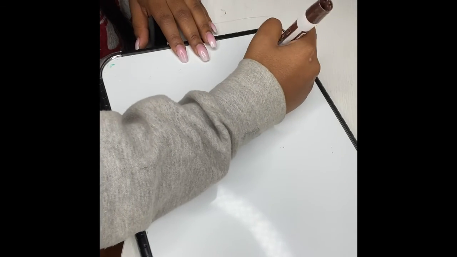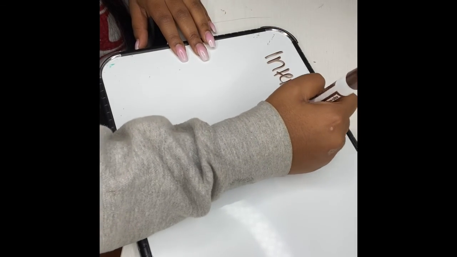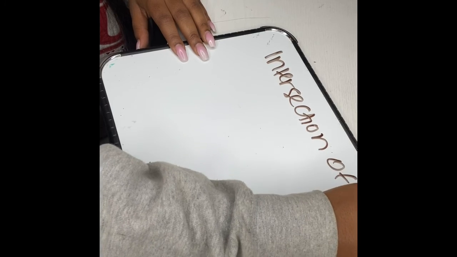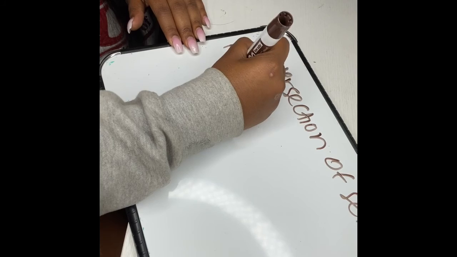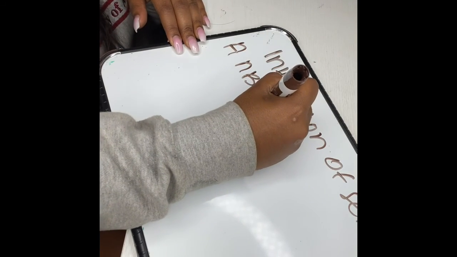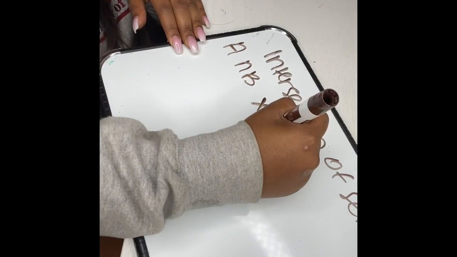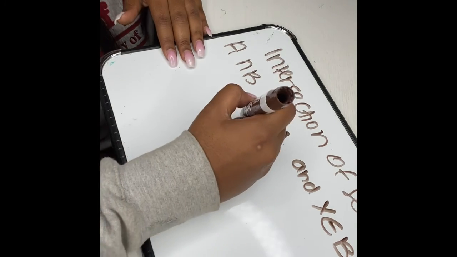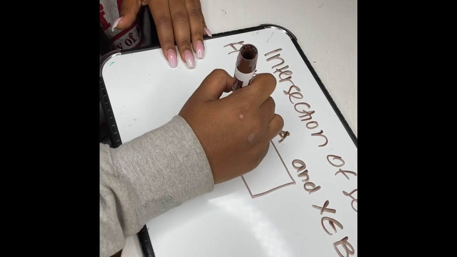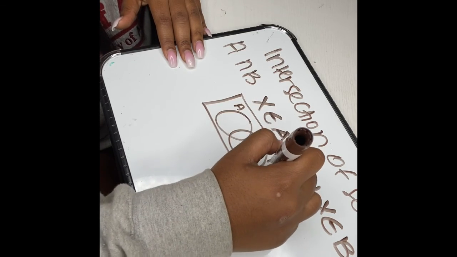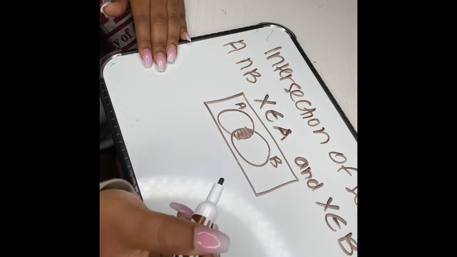Now we talk about intersection with elements of sets. So if A intersects B, then X is an element of A and X is an element of B. So to draw that out, you'll have set A, set B, and since X will be an element of both, it will be in the middle.